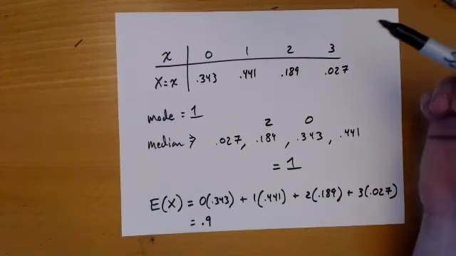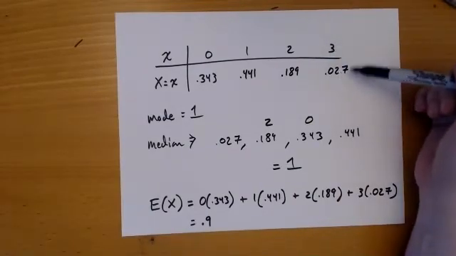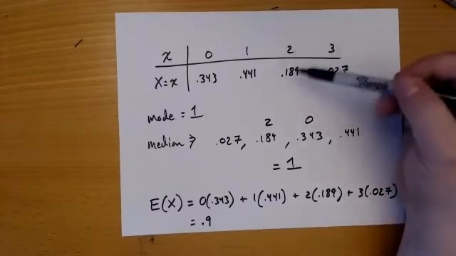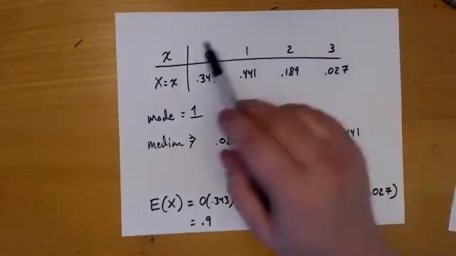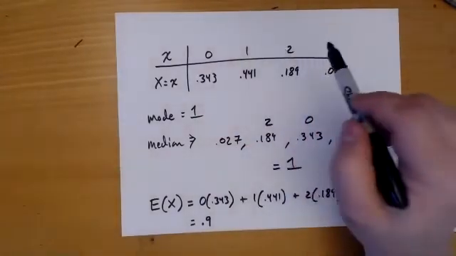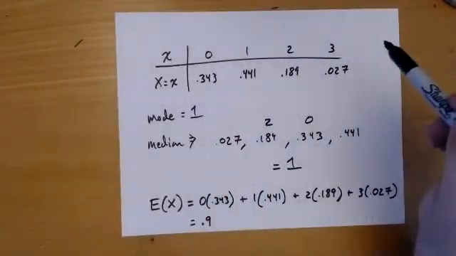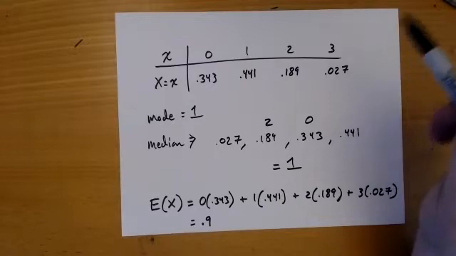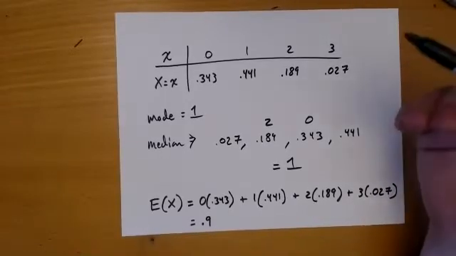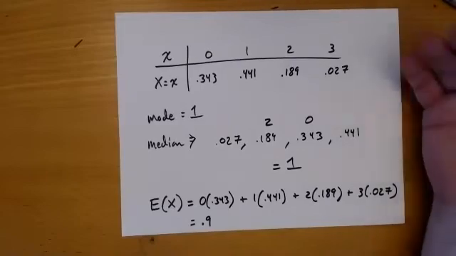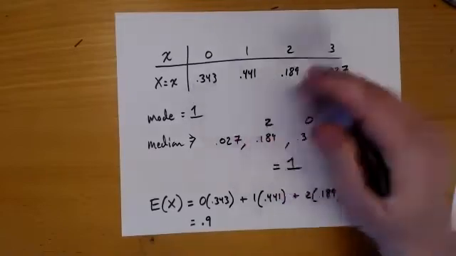But what I'm doing is using their probabilities as weights. Whereas if I was just doing an average, 0 plus 1 plus 2 plus 3, they all get equal weight. So it's a measure of central tendency, like an average is, but it's a scaled average based upon their probabilities.